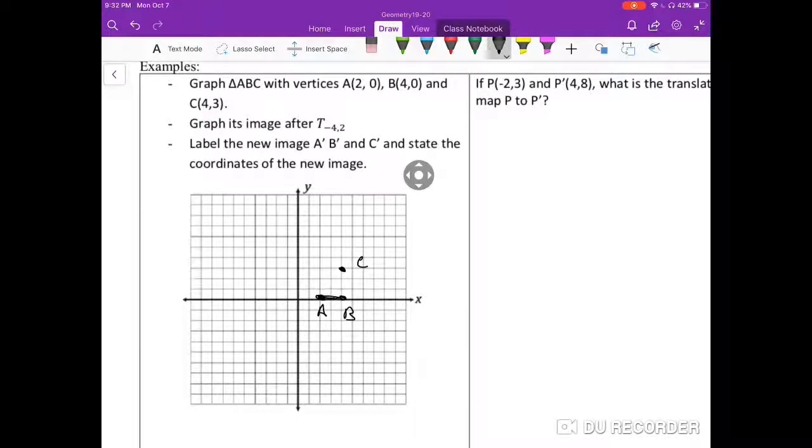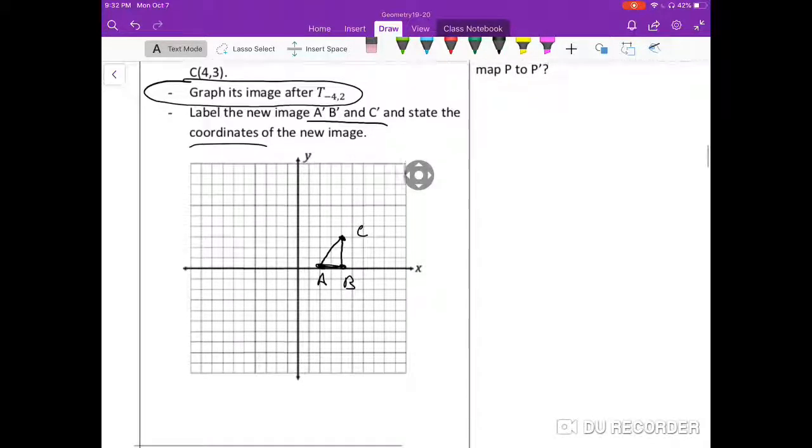So that's my starting triangle of ABC. And it says graph its image after a translation of -4, 2, and label the new image A prime, B prime, C prime, and state the coordinates. So we got a lot of work to do here, but it's not too bad.